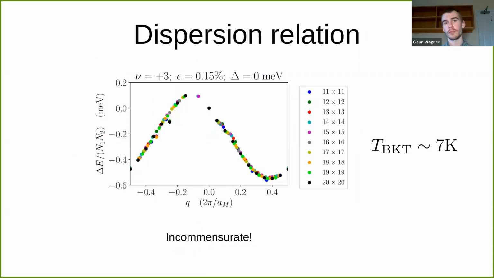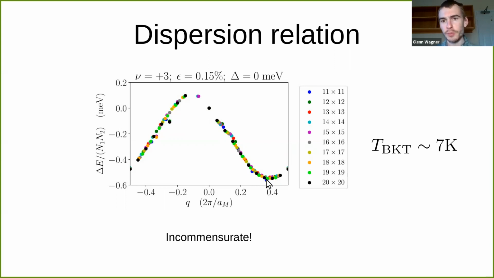Furthermore, let me discuss some of the physical properties that we found in our Hartree-Fock study of the state. Here I'm plotting the dispersion relation. This is the energy of the IKS state relative to the lowest energy translationally symmetric state, which is zero energy here. You can see that the lowest energy state has a wave vector q of about 1/3 of the reciprocal lattice vector down here.